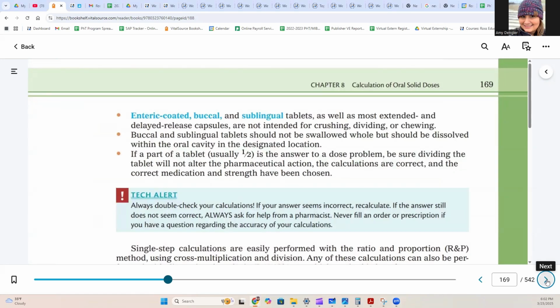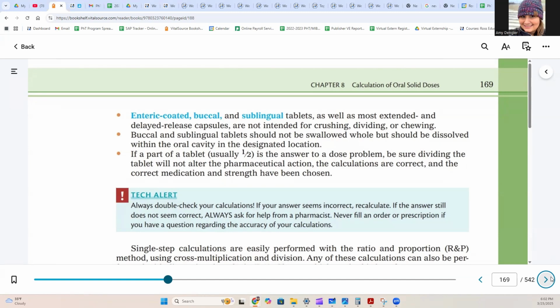Enteric-coated, buccal, and sublingual tablets, as well as most extended and delayed release capsules, are not intended for crushing, dividing, or chewing. Buccal and sublingual tablets should not be swallowed whole, but should be dissolved within the oral cavity in the designated location. So buccal is going to be in the cheek, sublingual is going to be under the tongue.